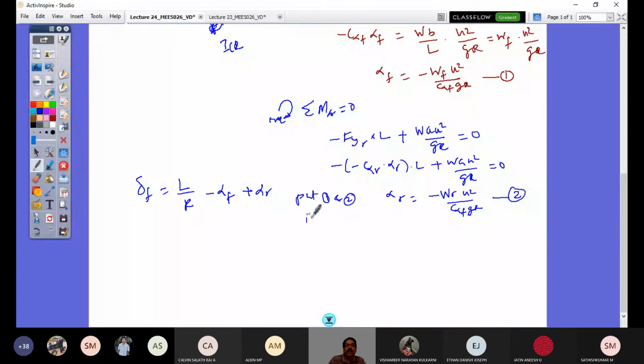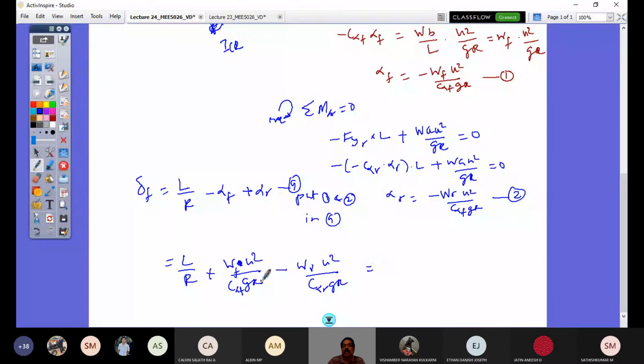So you would have L by R minus alpha F, which is minus of minus, becomes plus W F U squared by C alpha F into G R, and here it's minus, so W R U squared by C alpha R G R. And again, we can take the common term out: L by R plus W F by C alpha F minus W R by C alpha R, into U squared by G R. This is what is delta F.